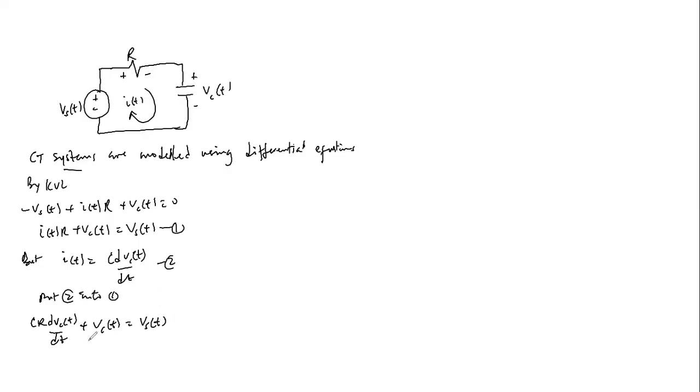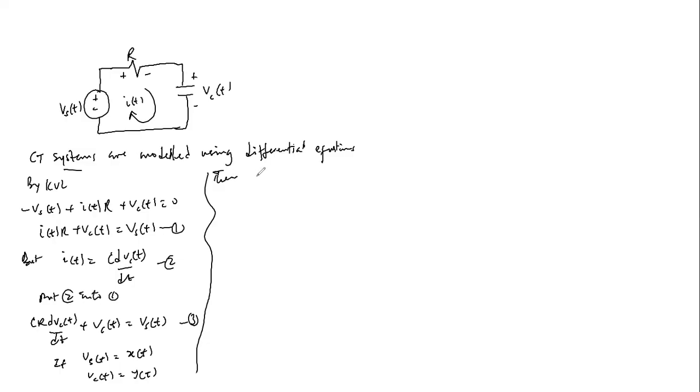Now if Vs of t is our input, for instance, and Vc of t is our output, I say this is 3.